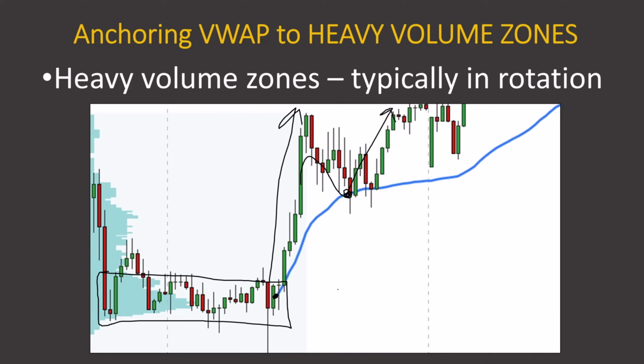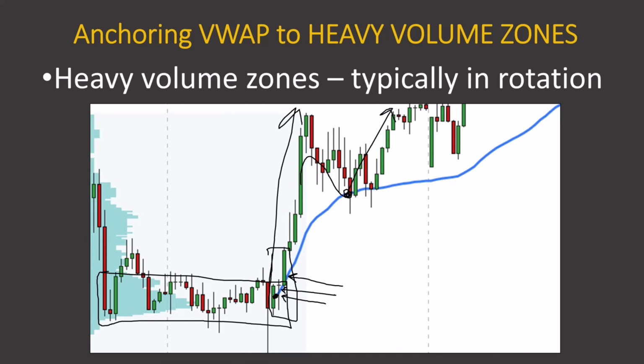Now, I know what you think. You think, what if I anchor the VWAP here? Or what if I anchor the VWAP here? Would it all be wrong? No, in most cases it won't. It doesn't really matter which of those candles you choose to anchor the VWAP to in this example, it will look more or less the same regardless which candle you choose.